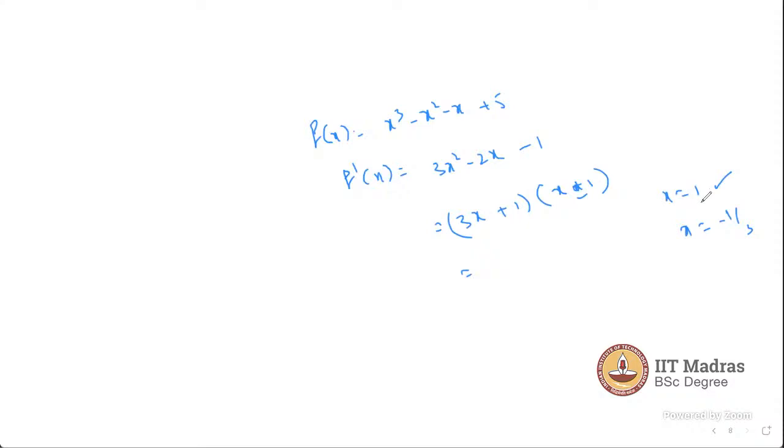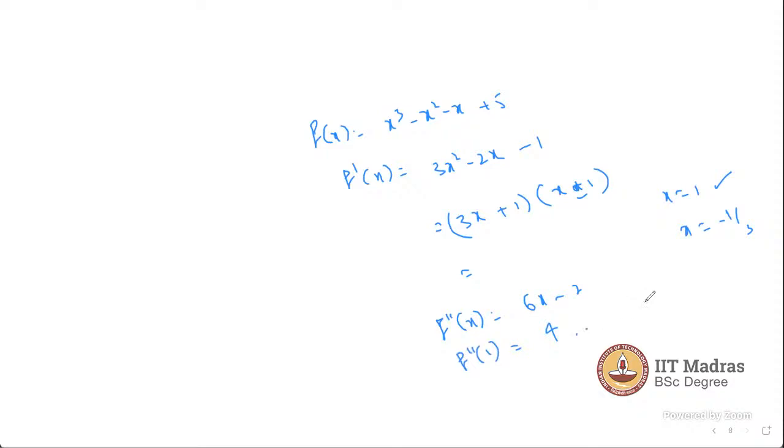So at the value of 1 we'll be getting the minimum value. We can check whether we get a minimum or maximum by checking f double dash of x. f double dash of x equals 6x minus 2, and f double dash of x at x equals 1 is equal to 4. So f double dash of 1 is 4.